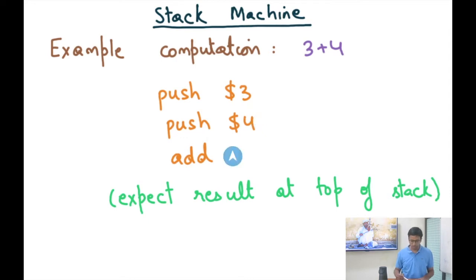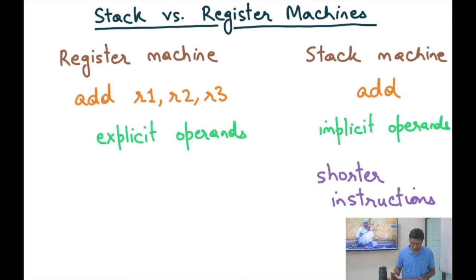And it's going to push the sum of these two quantities, which in this case would be 7. And we're assuming here that the programmer should expect the result of this program at the top of the stack, and that makes sense because the only storage is a stack. So at the end of a program, we expect the result to be at the top of the stack.